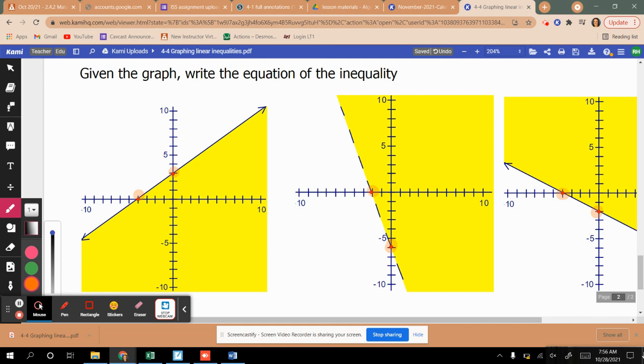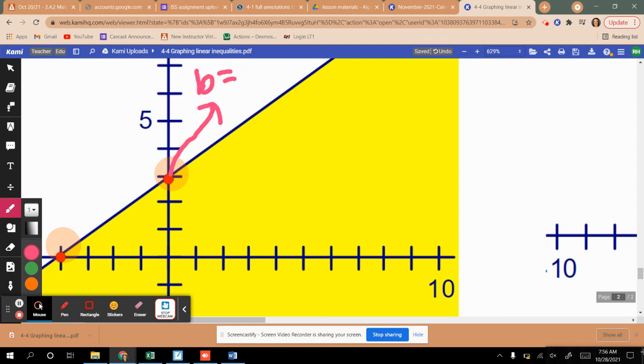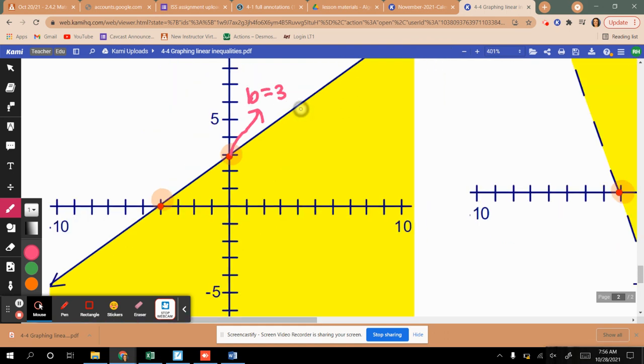So using that information, our b is going to be equal to 1, 2, 3. And then if we count this, this is going to be up 1, 2, 3. So rise 3, run 1, 2, 3, 4.